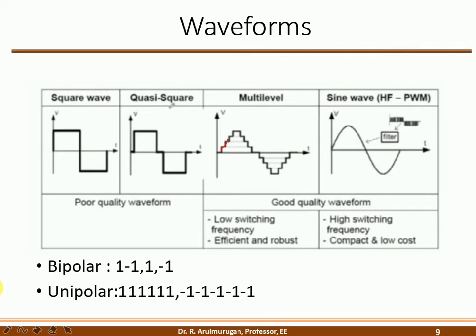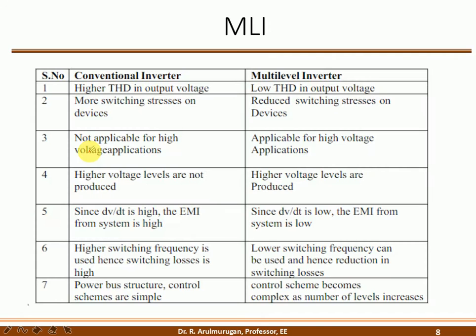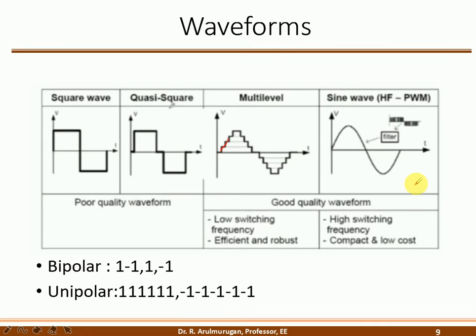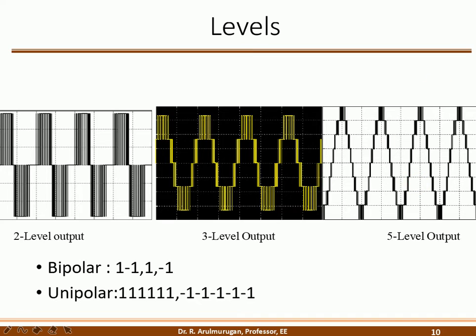Then unipolar and bipolar, which I showed you previously. This is the bipolar type of waveform, the square waveform. Unipolar is the type of waveform we saw here. Next we look at multi-level inverter waveforms, a few samples. Here they are showing 2 level, 3 level, and 5 level.